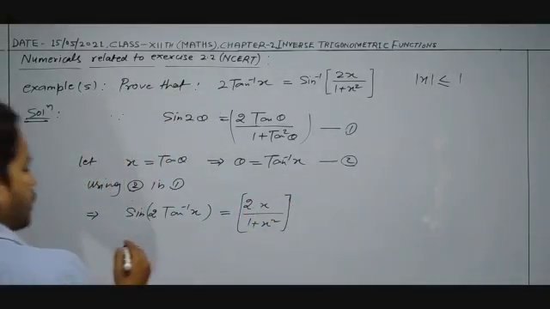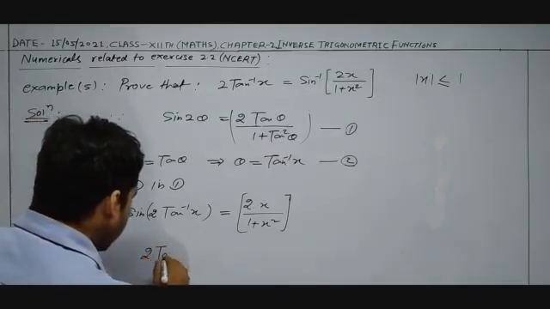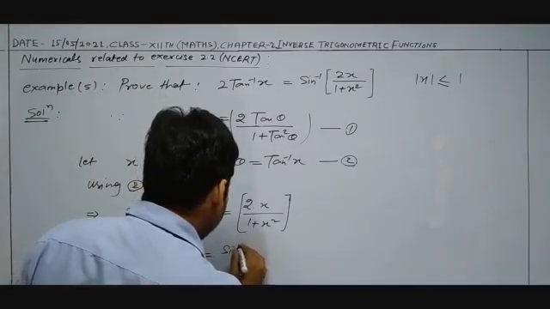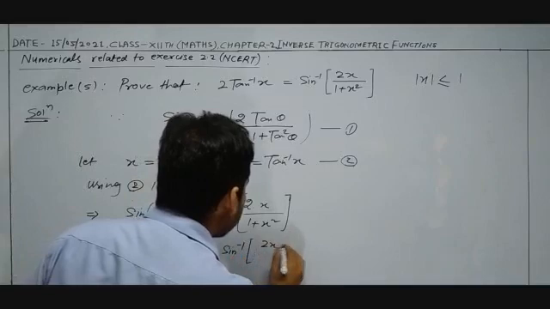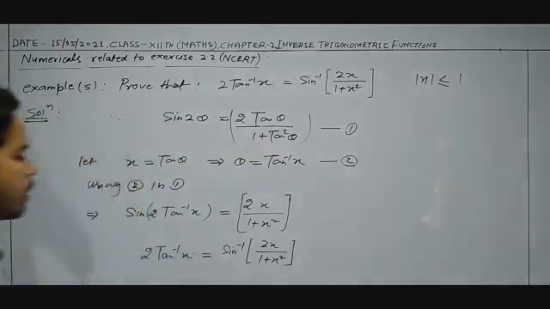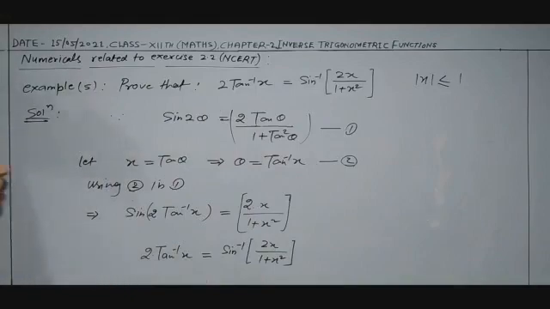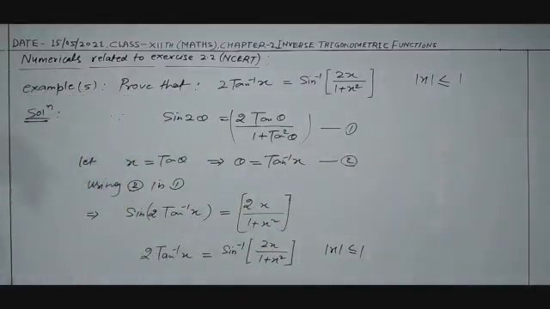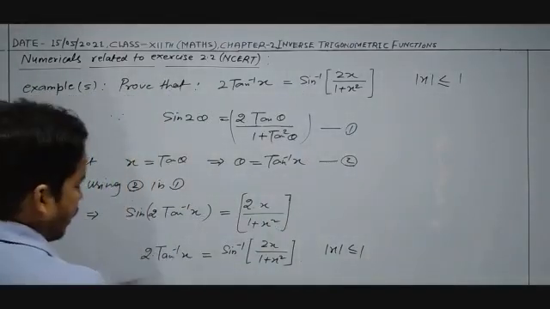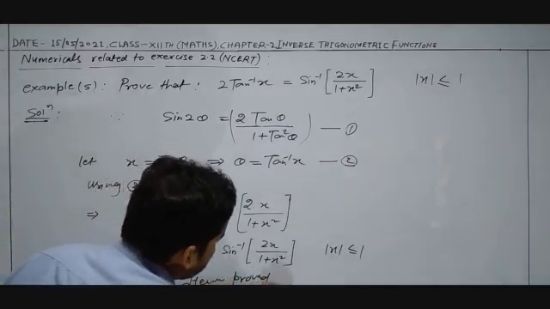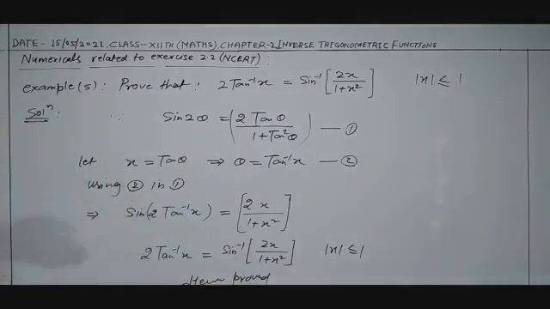So 2 times tan inverse x is equal to sin inverse of 2x upon 1 plus x square. So this is our proof, such that mod of x is less than or equal to 1, and hence proved.